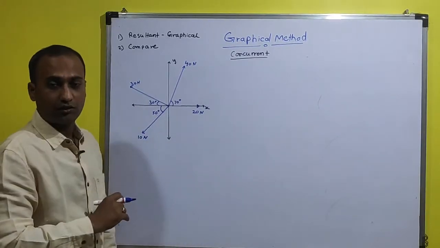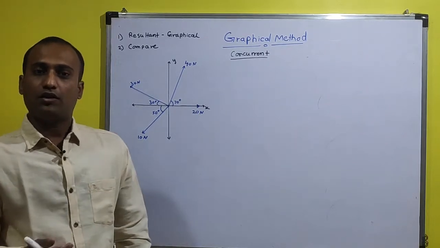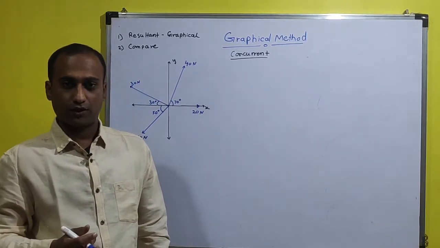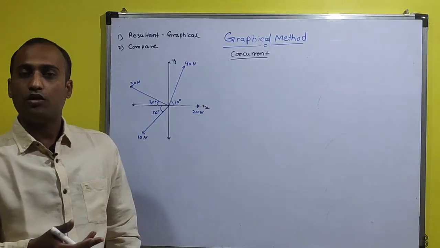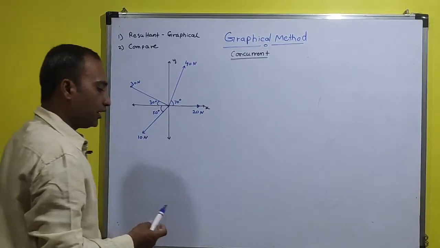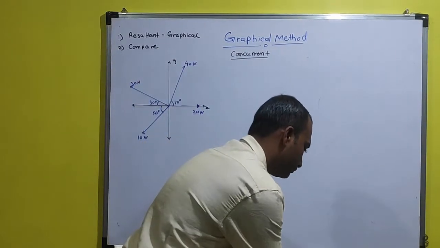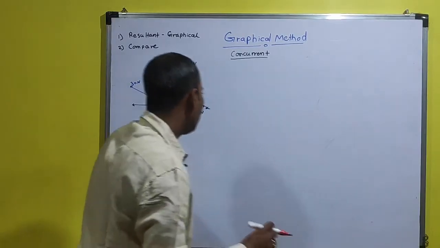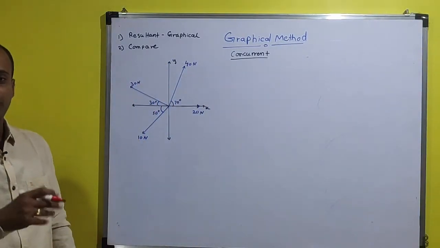So in this figure we have to consider a Bow's notation, so that it will be helpful to draw a vector diagram. So now as per Bow's notation, we will consider a space between the forces.